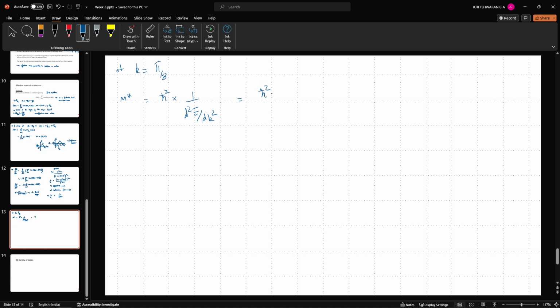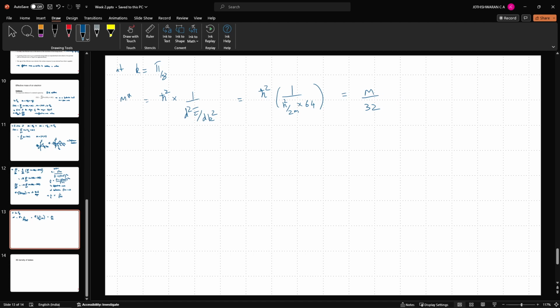So what I'm left with is h squared into 1 over h squared upon 2m into 64. So the h squared and h squared will cancel out. 2m will show up at the top, and we will have m over 32 as m star.